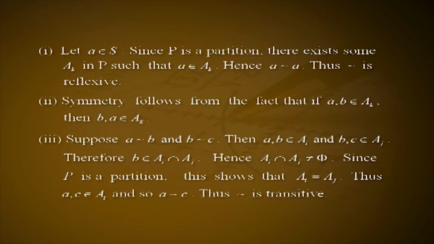Thus a and c belong to A_i and so a is related to c. Thus the relation is transitive. Accordingly, the relation is an equivalence relation on S. Furthermore, [a] is the set of all x such that a is related to x, that is the set of all x such that x is in the same cell A_k as a. Thus the equivalence classes under the relation are the same as the cells in the partition P.